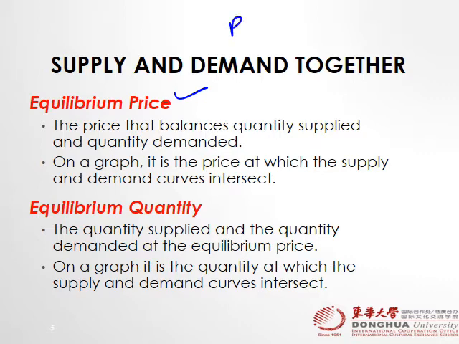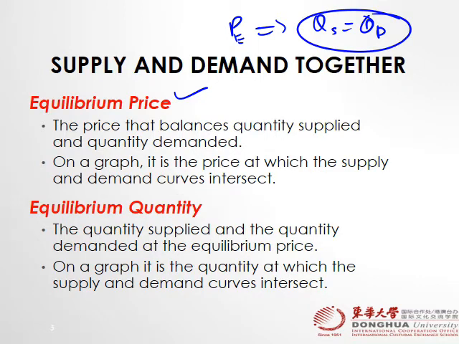The price where quantity supplied is equal to quantity demanded is called the equilibrium price. Equilibrium quantity is the quantity at which quantity supplied is equal to quantity demanded.